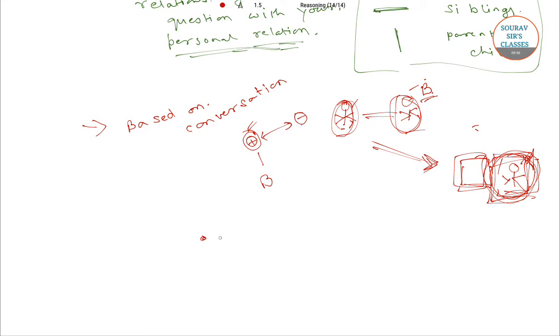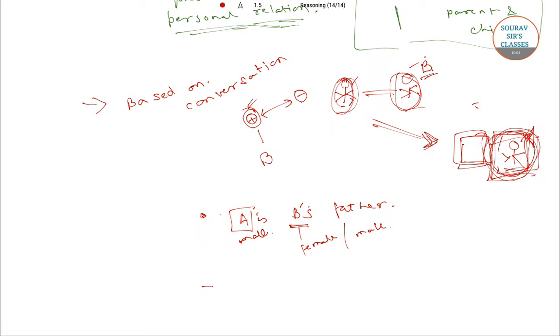Now note that when it is said that A is B's father, then we can certainly say that gender of A is male, but we cannot say the gender of B. So B can either be female or male.